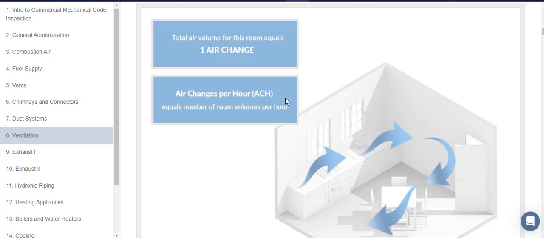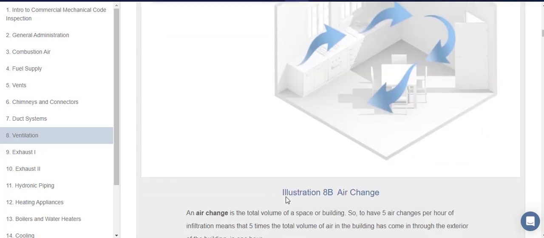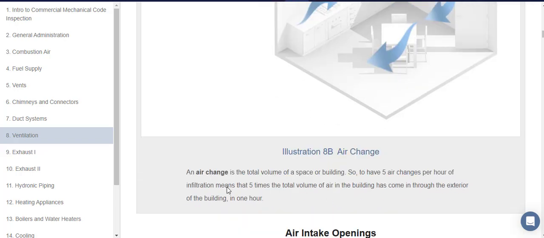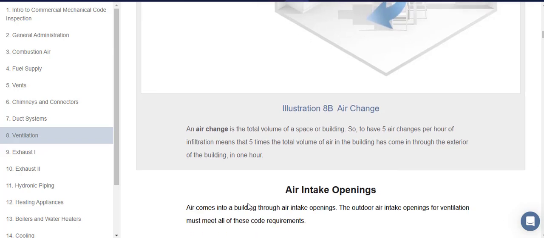The air changes per hour equal the number of room volumes per hour. Illustration 8b, air change. An air change is the total volume of a space or building, so to have 5 air changes per hour, infiltration means that 5 times the total volume of air in the building has come in through the exterior of the building in 1 hour.